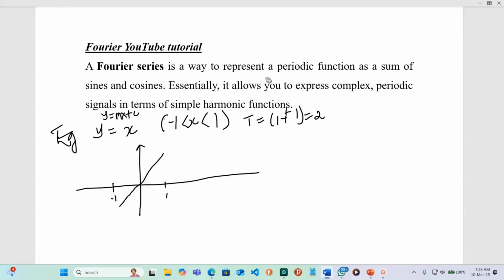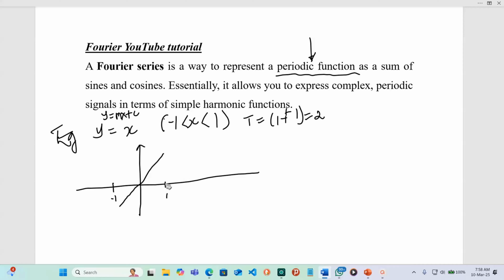If it is a periodic function, that is a very important component. You must have a periodic function for you to express it in terms of cosines and sines. That is, as a Fourier series, it must be periodic. So if the period for this is 2, meaning that after 2 units, it is going to be repeating this pattern.